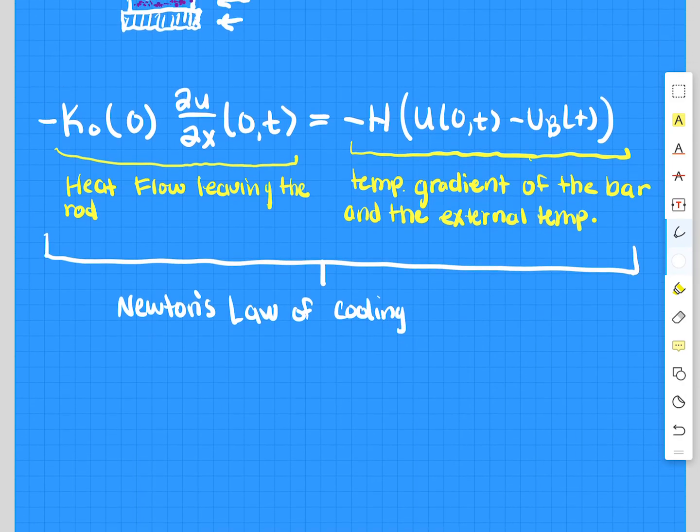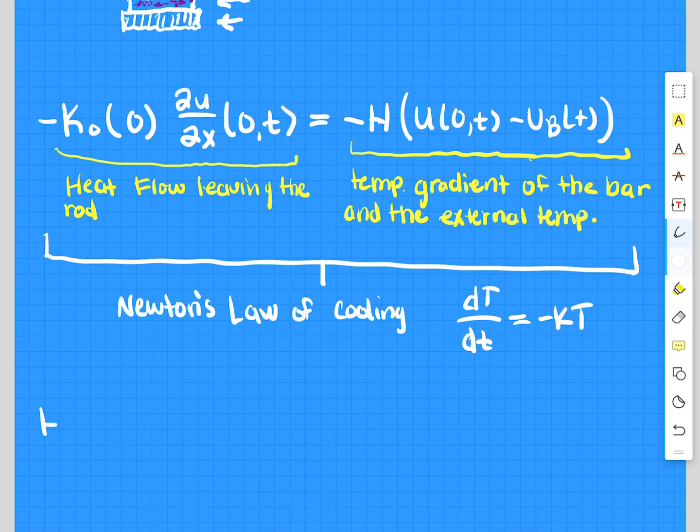Where again, if we remember from the very first video on this topic, Newton's law of cooling was typically represented by a differential equation that is proportional to some constant times the temperature. So believe it or not, again, this is a much more generalized version of it.